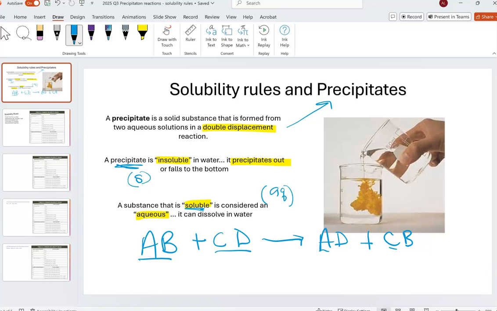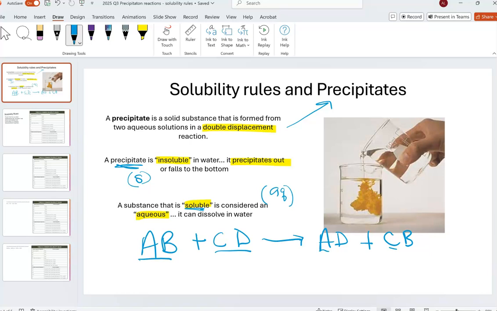Quite often, these reactions form precipitates. Precipitates are the substances that fall out or become solid when the reaction takes place. A lot of times, you will be asked which is the precipitate, or which is the solid, or which is the insoluble substance in the reaction.